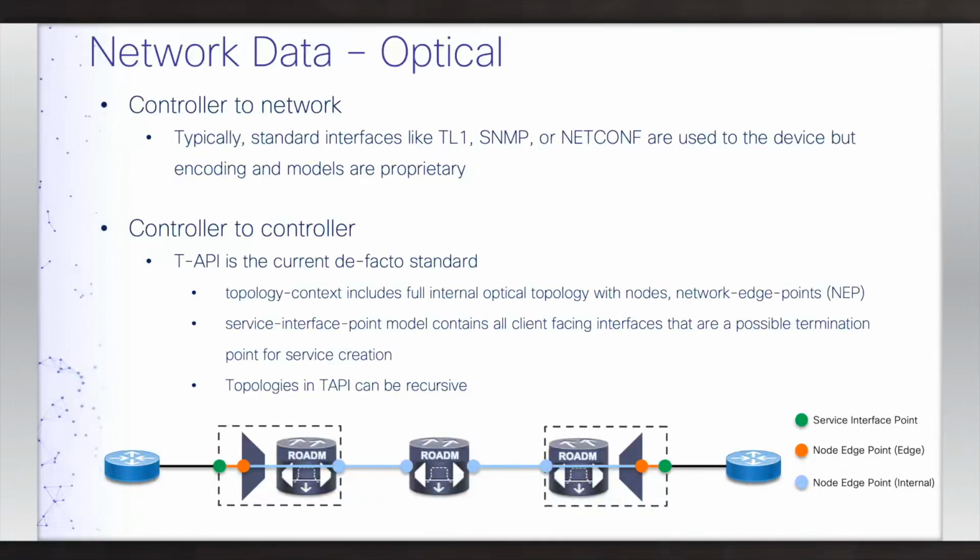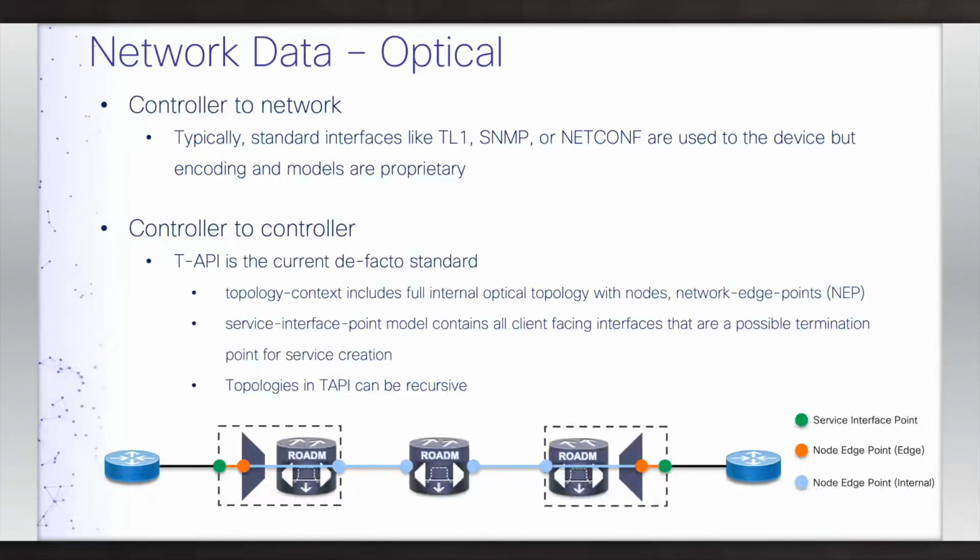And that's the reason why controller to controller is so important, because it's really rendering that proprietary data into something that's normalized. It's standard across different vendors. So something like the inventory from an optical device looks the same in TAPI from one vendor to another vendor.